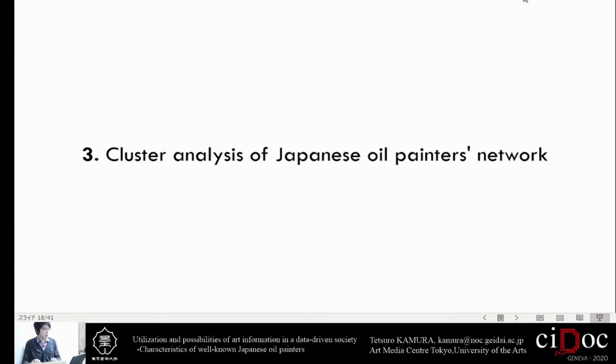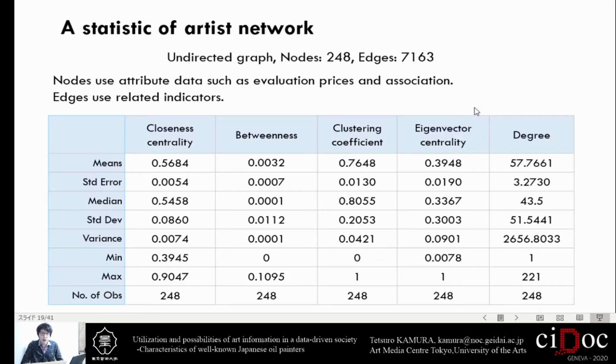I'd like to move on to the next topic, cluster analysis of Japanese oil painters network. In this section, we will explain clustering and community detection in artist networks. Please look at the table.